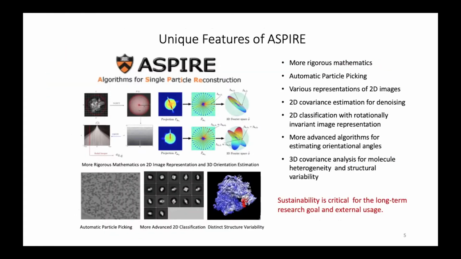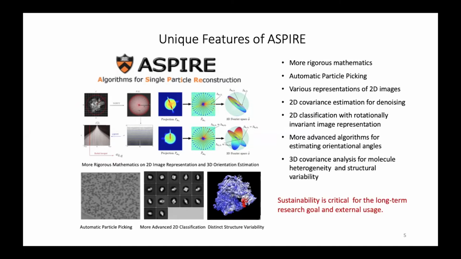There are tons of software packages for analyzing cryo-EM data. So why do we still need ASPIRE? This is because ASPIRE has many unique features, as I list on this slide. They range from fairly basic functionality, such as automatic particle picking, to more advanced algorithms on 3D conformation analysis to address problems of molecular heterogeneity and structure variability.